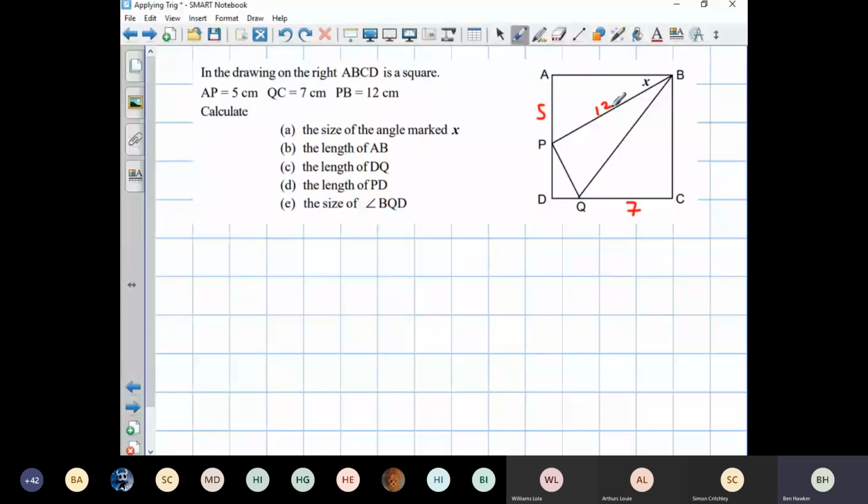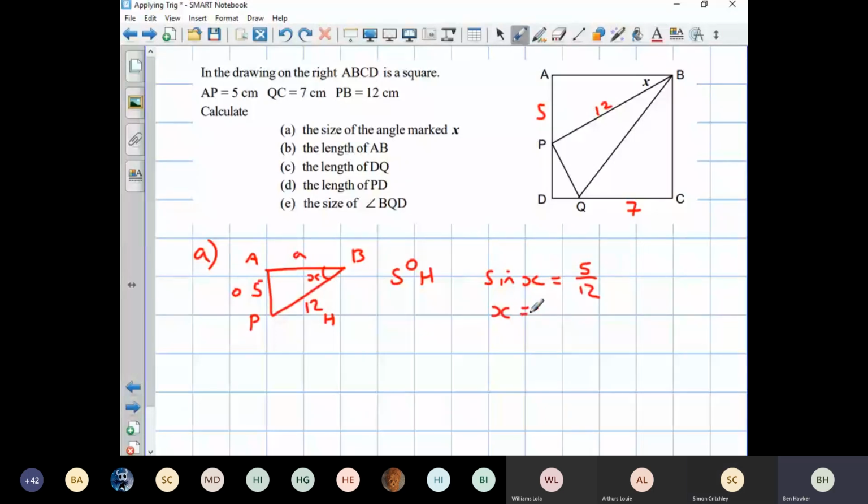So the first thing we're going to do is find the size of the angle marked X, and straight away I can see we've got a triangle in that top part of the shape, and we know that that is 12 and that's 5. We're looking for X, we've got our hypotenuse, we've got our opposite, and we've got our adjacent. Therefore, we're going to use sine, and we know that the sine of X is going to be equal to 5 divided by 12.